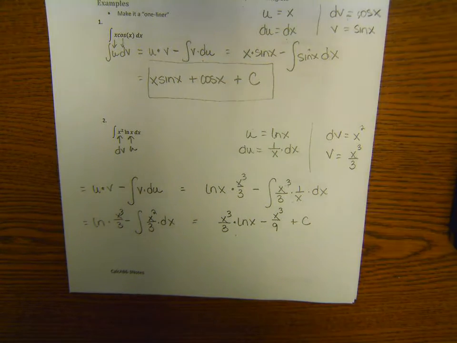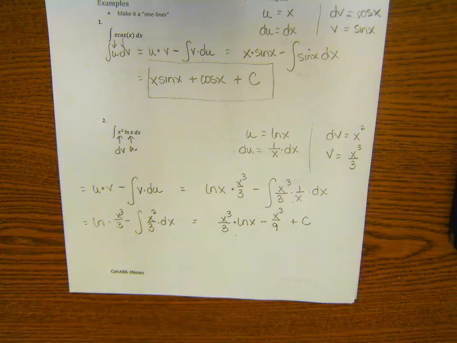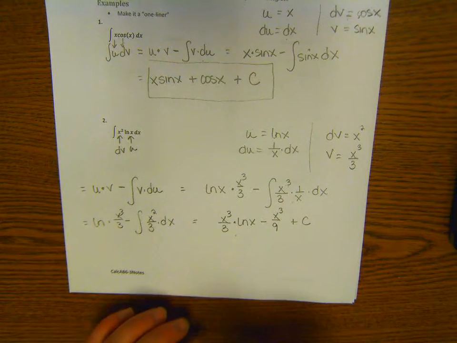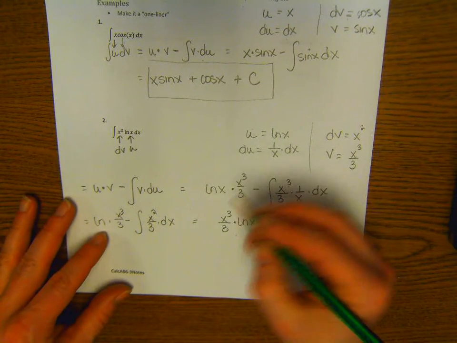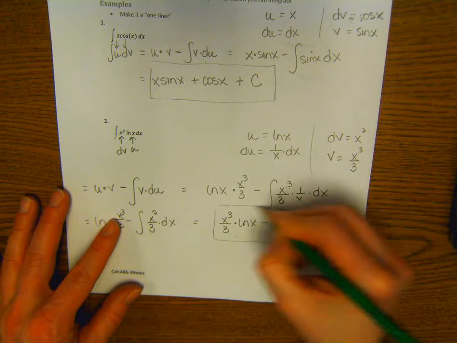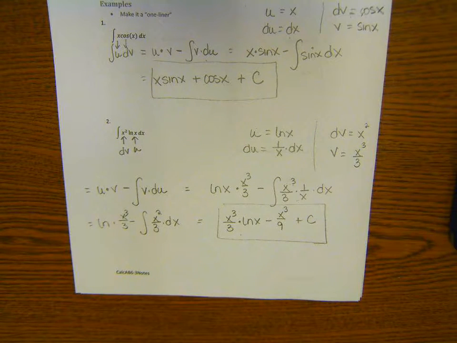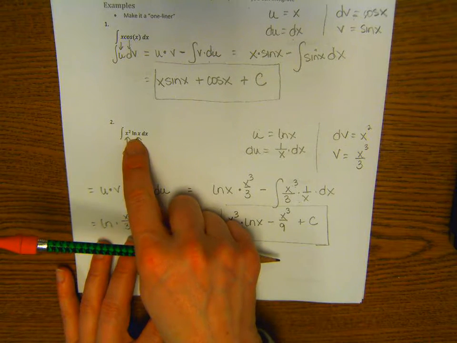Okay. And if you wanted to, you could pull out a common factor of 1/3 x cubed, but you can just leave it like this. Okay. So what did we just find? We found the integral of this expression because what we recognize is that it's a way to reverse the product rule.